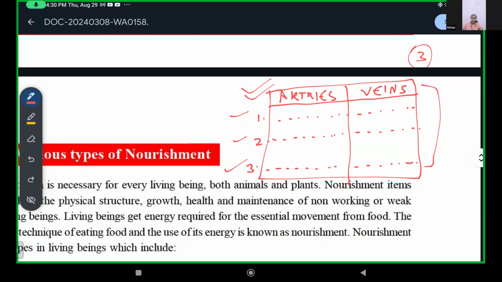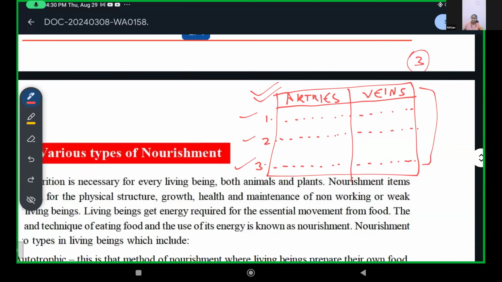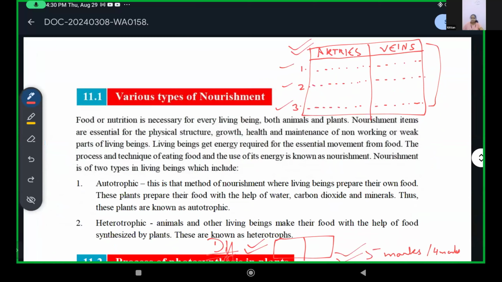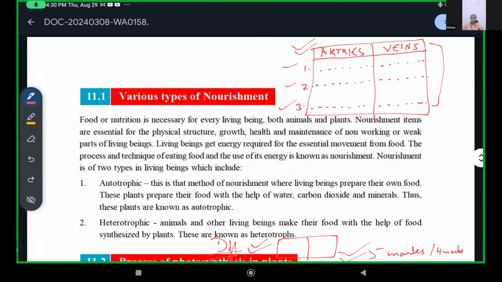I have to ask you one question, ma'am. Sometimes there are 2 to 3 marker questions, like when we draw diagrams, where it's not specifying how many points it wants. Then what should we do there?